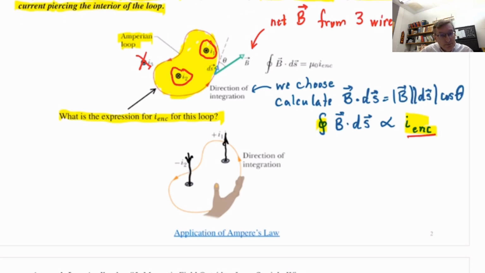Here, the I enclosed right-hand rule, you might call it, is you imagine reaching in with the fingers of your right hand and putting them as if you were going to hold on to the loop, with your fingers in the direction that we integrated to get the circulation.